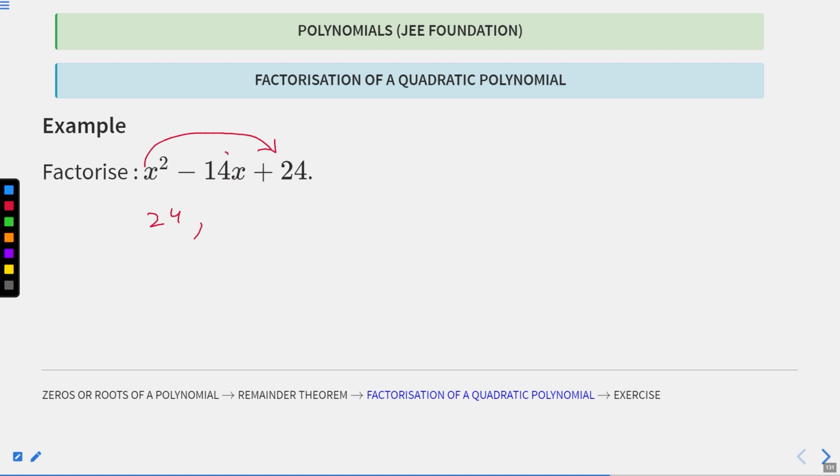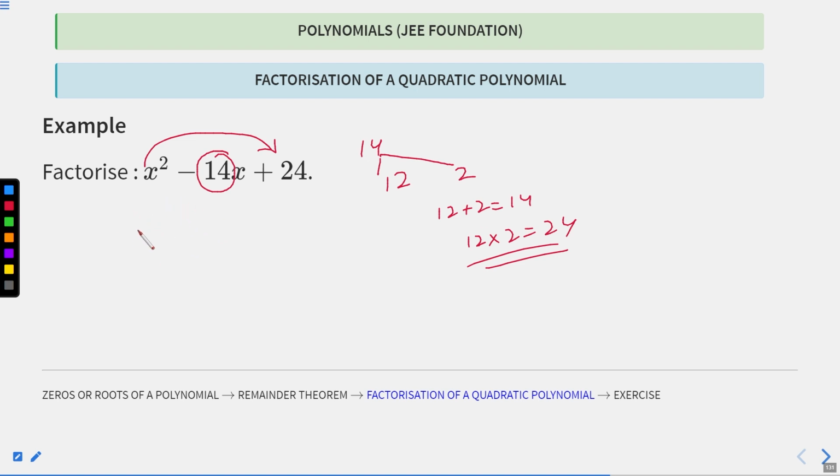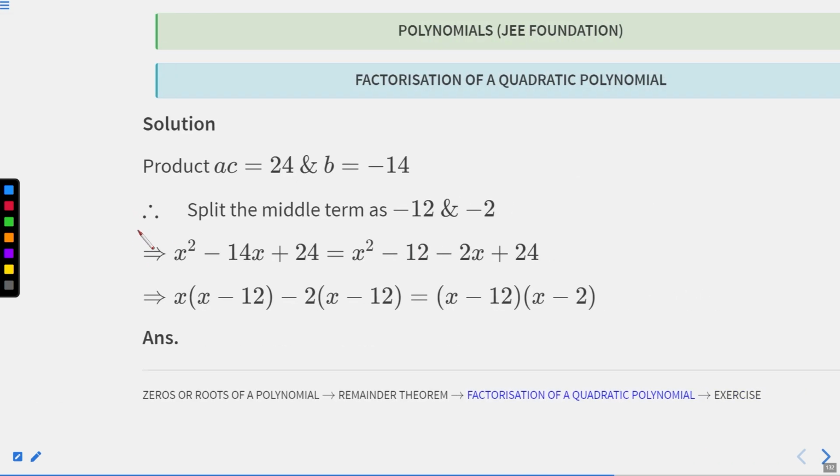Now split this 14 in such a way that the product is 24. Splitting into 12 and 2, 12 plus 2 is 14, and 12 times 2 is 24. I hope it is clear how we are going to approach it. Let's see the solution now.